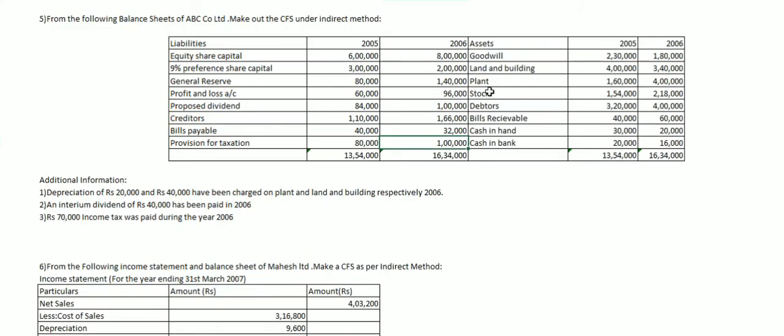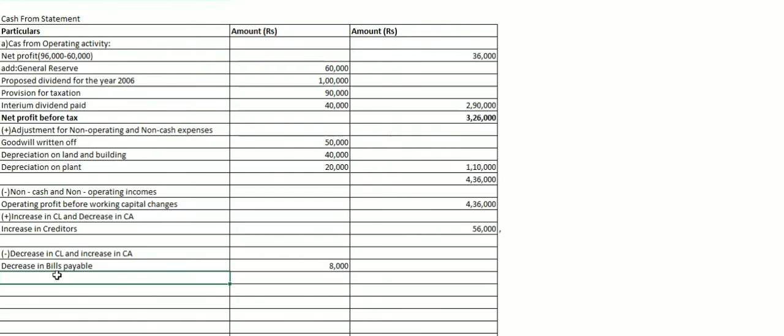Now increases. If you see stock, debtors and bills receivable have increased, so you will take the respective amounts of increase. Your increase in stock is 64,000. Then you have increase in debtors, the amount is 80,000.